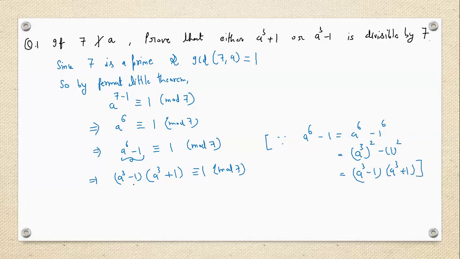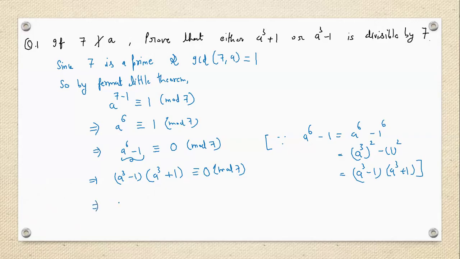Okay. Now if something is giving you, wait, if 1 has been shifted here, then it becomes 0 here. Sorry, my mistake here. It becomes 0. So the product of two things giving you 0 mod 7, then can I say that either a^3 - 1 or a^3 + 1 is divisible by 7?